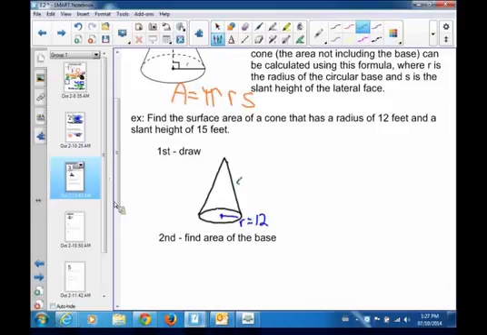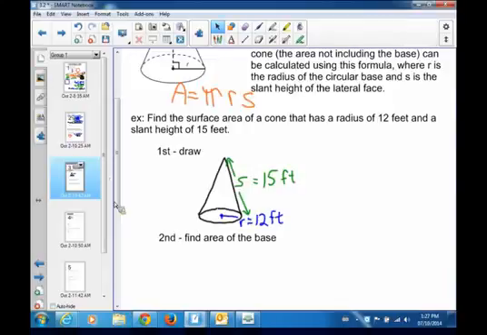The slant height, that's the height from here to here, is 15. I should put 15 feet. That's all I needed there, right?